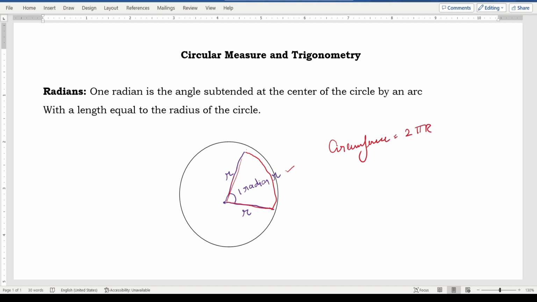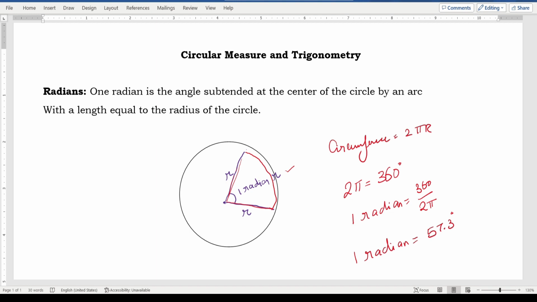This means that the whole turn, 2 pi, equals 360 degree. So 1 radian equals 360 degree divided by 2 pi. So always 1 radian equals 57.3 degree.